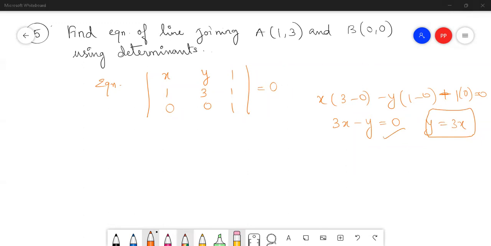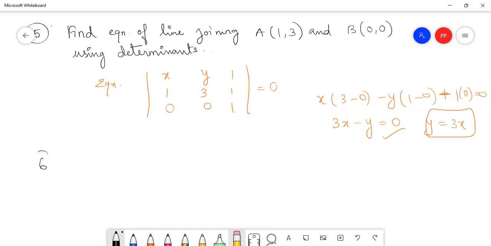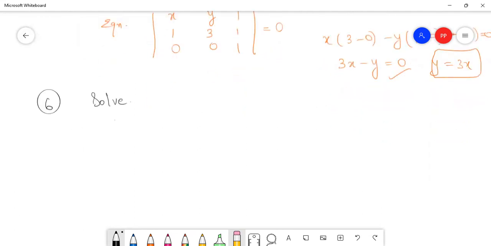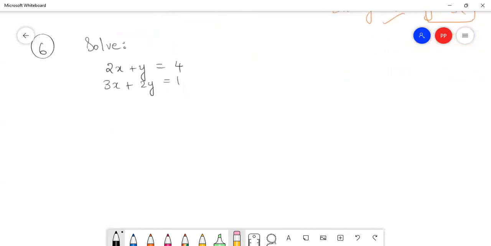Okay, so this is another model which they can ask you as a 1-mark question itself. They can ask you to solve two variables, 2x plus y, using AX equals B. Take your time slowly.